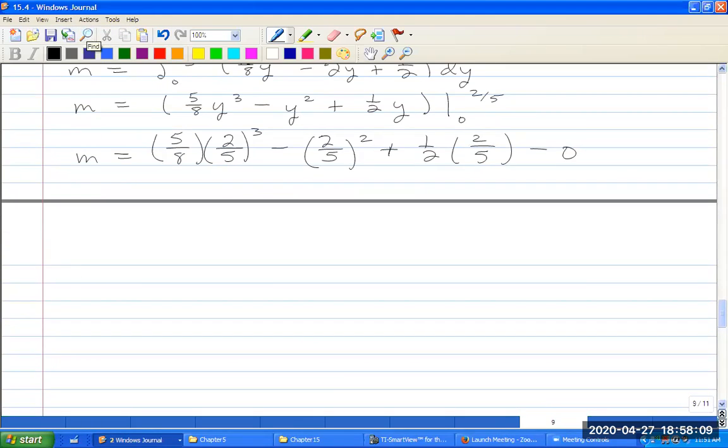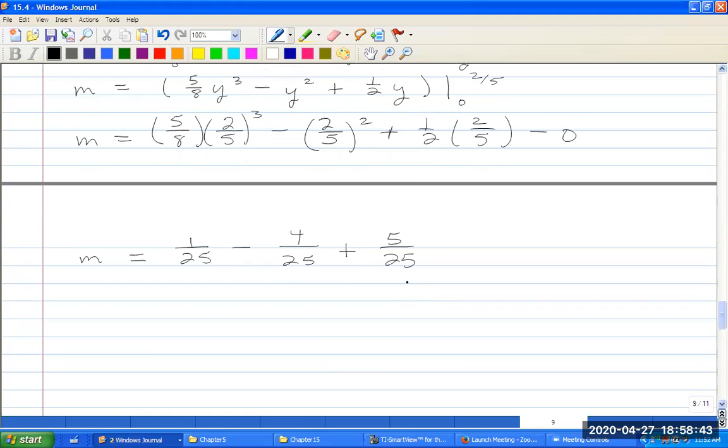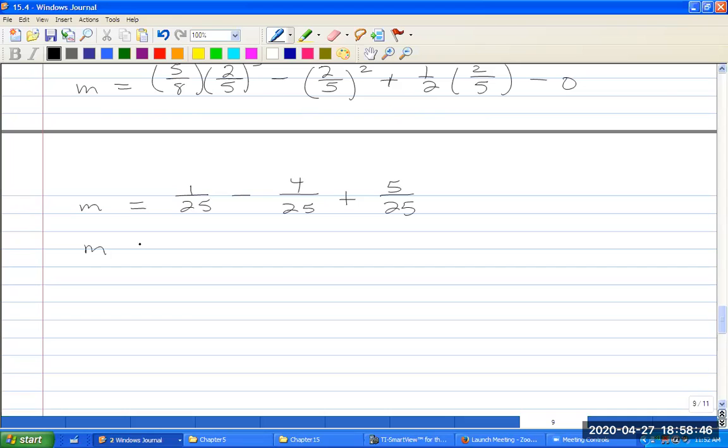The mass is equal to, so the 8's cancel, you get 1 over 25 minus 4 over 25, the 2's cancel. Let's write this over 25. So that's 5 over 25, which becomes 1 over 5, so my mass is 2 over 25.